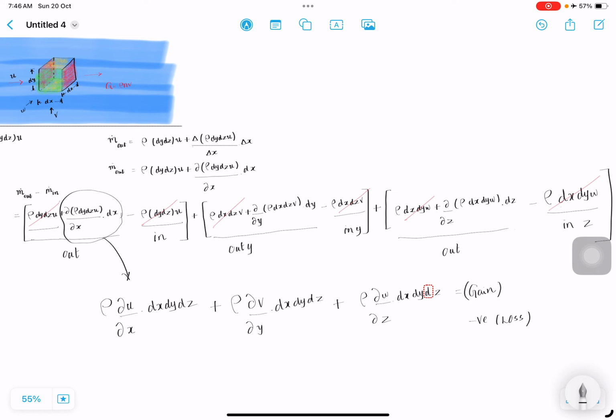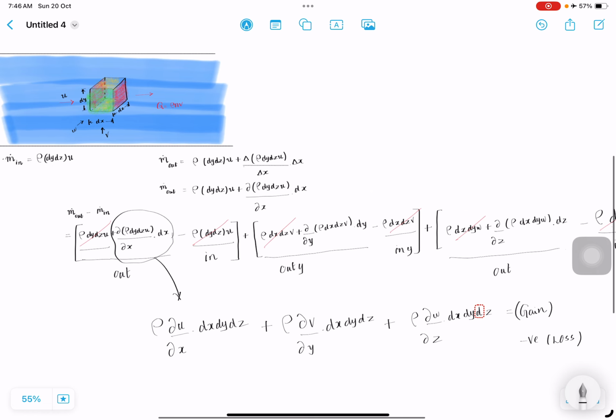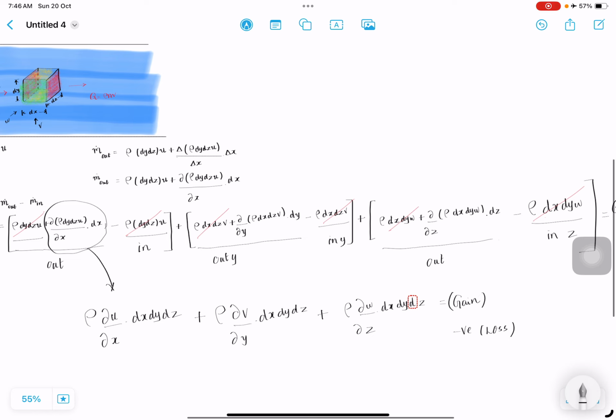When do you think there will be a gain? Inside the small calculus element, suppose there is a gain. Gain means there is some kind of source that is pumping the fluid inside.